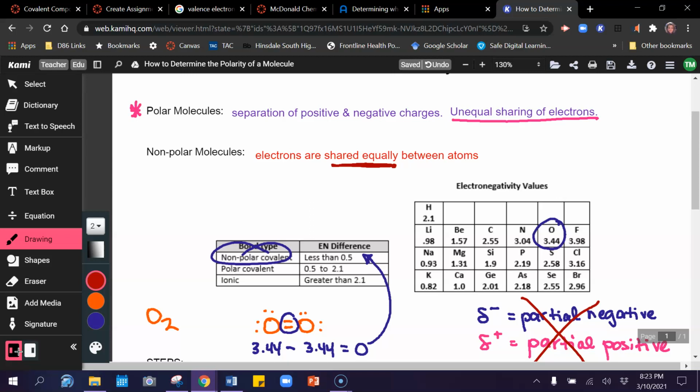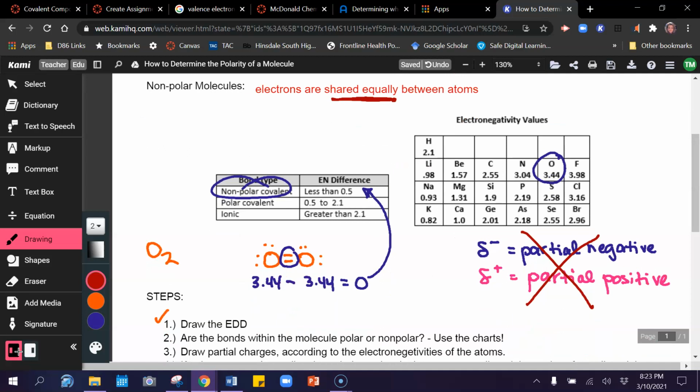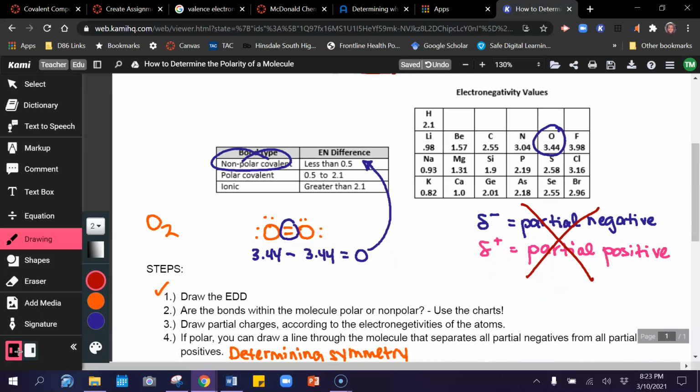So if you have a nonpolar bond, you cannot assign partial negative or partial positive charges. So I'm done. I have no partial negative or partial positives to even separate, and so number 4 is kind of a moot issue. And what this means is that oxygen is a non-polar molecule.